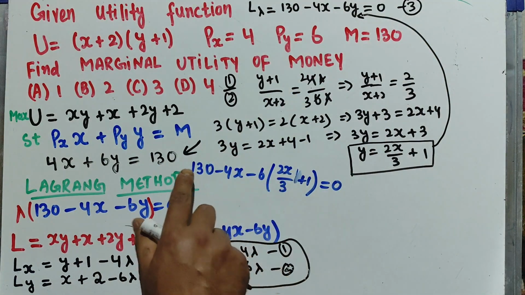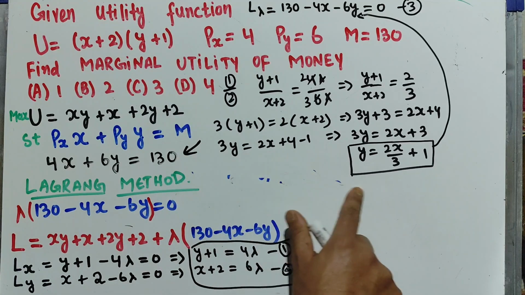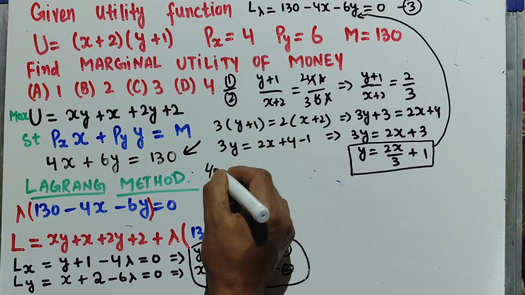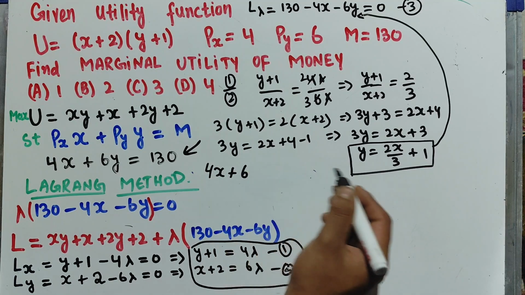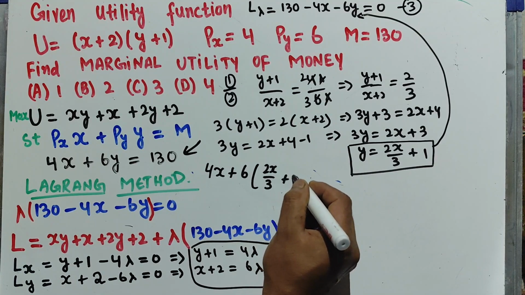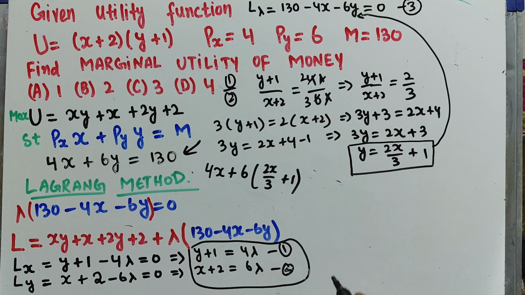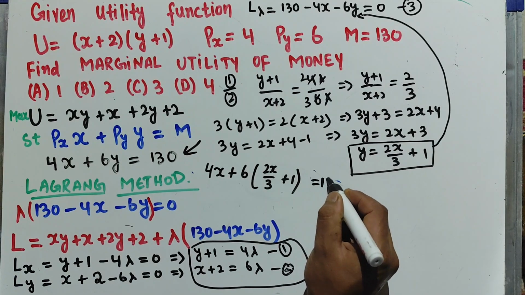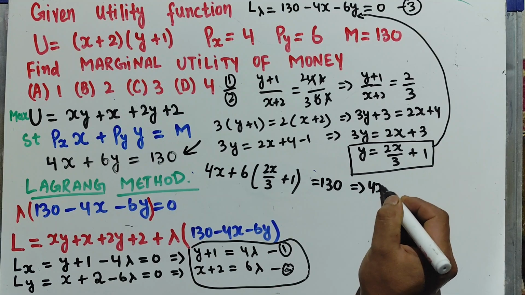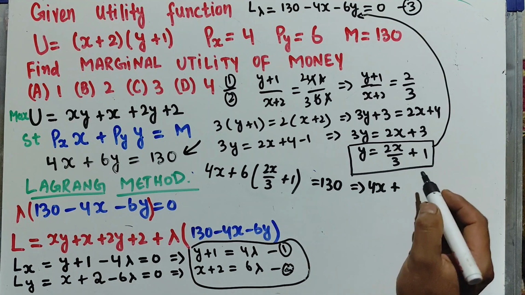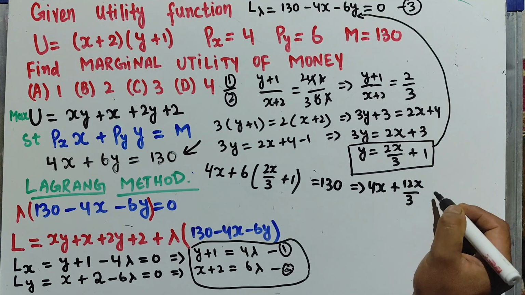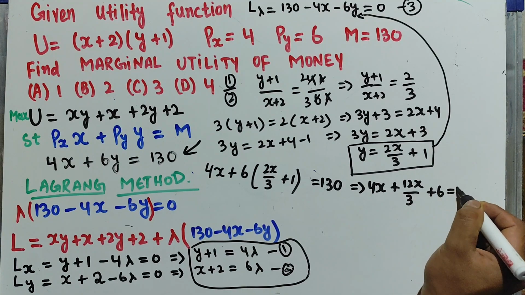It will get lengthy here. So let us plug the value of y in the given budget constraint, that is 4x plus 6 times 2x upon 3 plus 1, which is equal to 130, which implies 4x plus, here we will get 6 2s are 12x upon 3 plus 6 is equal to 130.